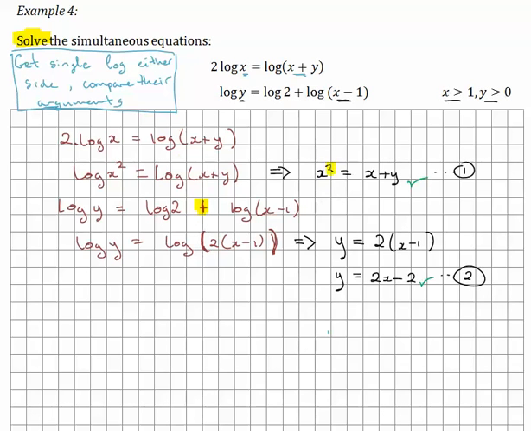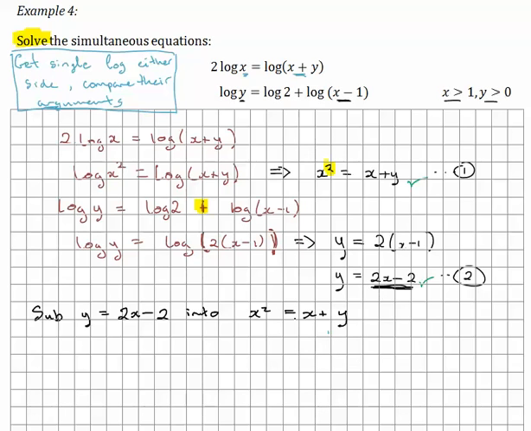First thing you notice is that one of them is linear, one is non-linear. The one up here with the square is a non-linear equation. So what we'll do is get a letter on its own from the linear. That's already done for us because we already have y on its own. So we can sub this expression for y, which is now 2x minus 2, into x squared equals x plus y.